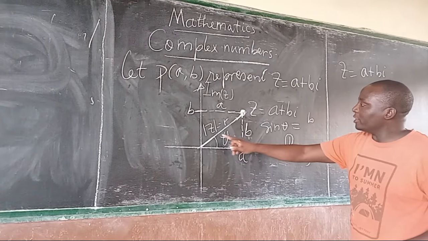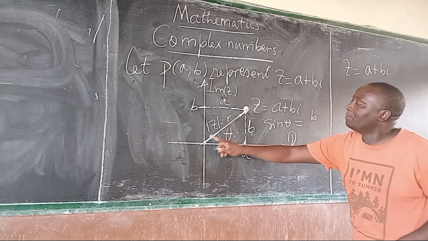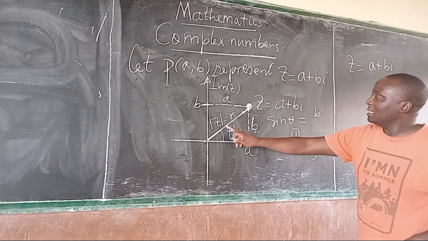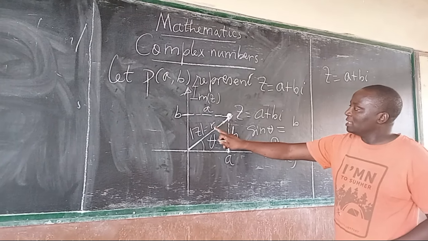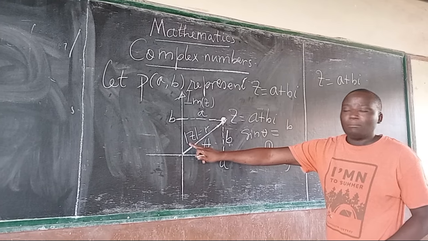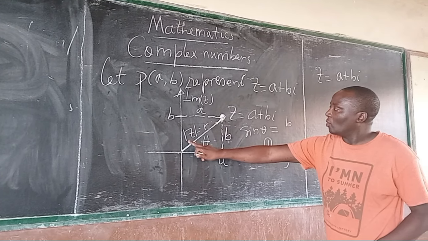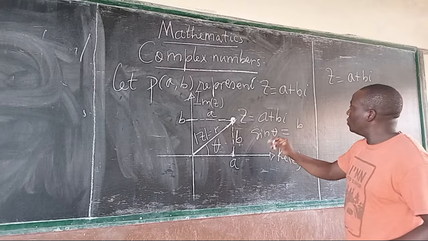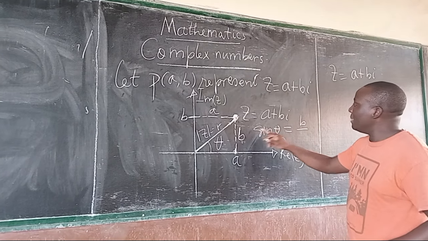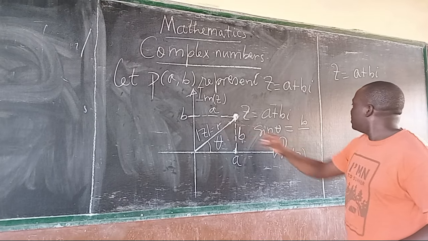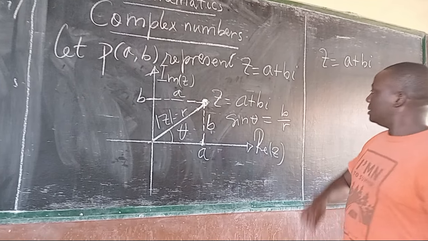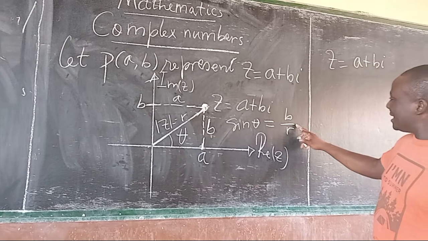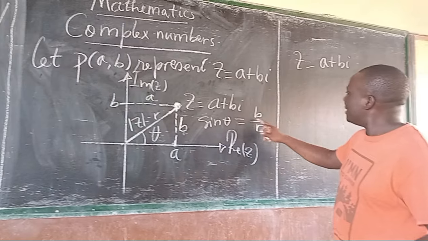The opposite side of an angle theta is B. B out of what? Out of hypotenuse. As I see, the hypotenuse here is what you call the magnitude or modulus of complex number. So sine theta is equal to B out of magnitude or modulus, equal to R. Teachers, in this case, you can find the value of what?